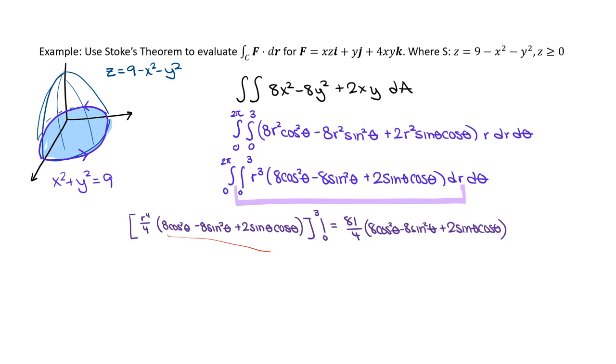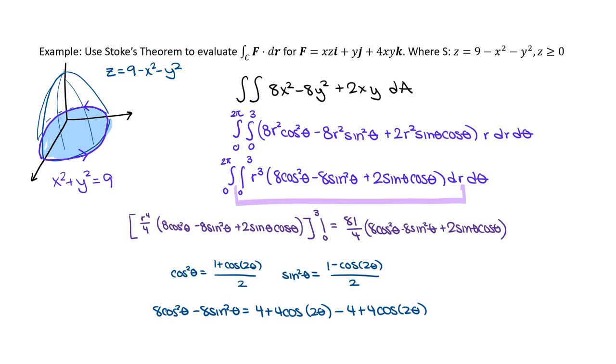Finally, to finish this problem, I am going to integrate with respect to theta. Before I do that, I probably need to do some simplifying. A couple of ways you can do this. You might recognize some double angle identities, and you could use those to simplify. I'm going to go ahead and use my power reduction identities, which is typically how I deal with cosine squareds and sine squareds.